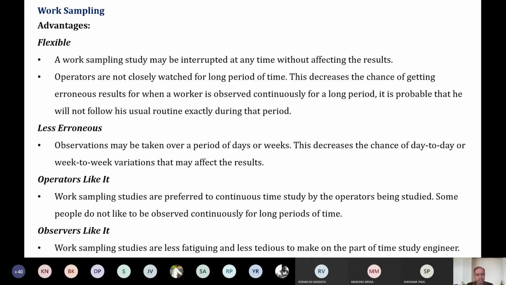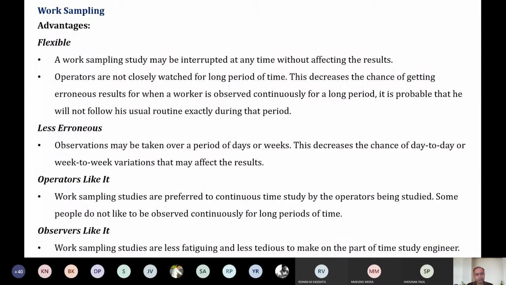Then the chances of errors. Say, for example, if you are being observed for a long period of time, you may make mistakes in doing the job, out of anxiety or out of fear, you may do the job in a wrong way.